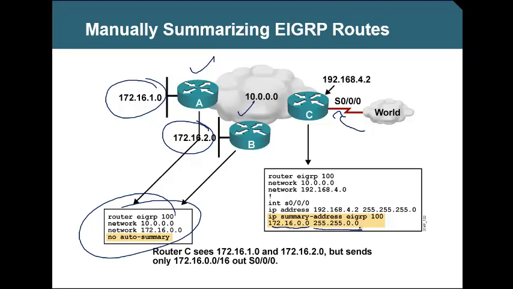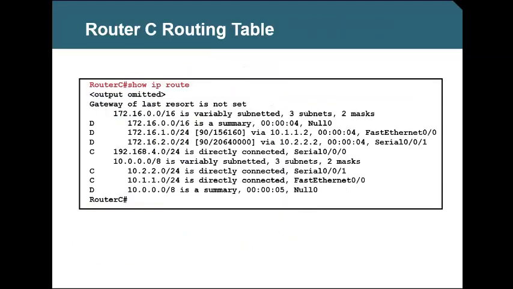As a result, router C will see these two subnets, but it will send only the summary route out to the world. Only this summary will be sent. When you do summarization, the summary route will point towards null 0.